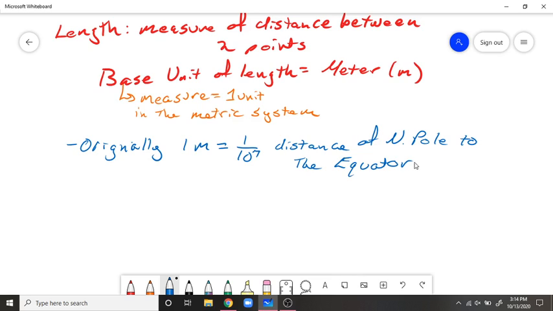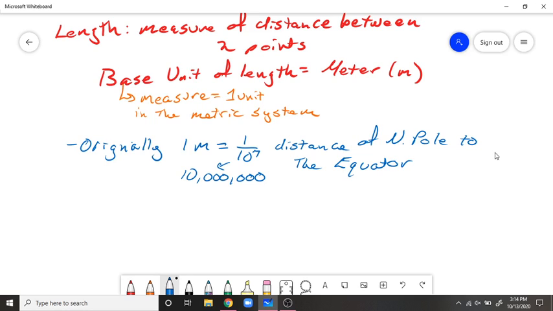So 1/10,000,000th, this number is 10, 1, 2, 3, 4, 5, 6 zeros. 1/10,000,000th the distance of the North Pole to the equator.